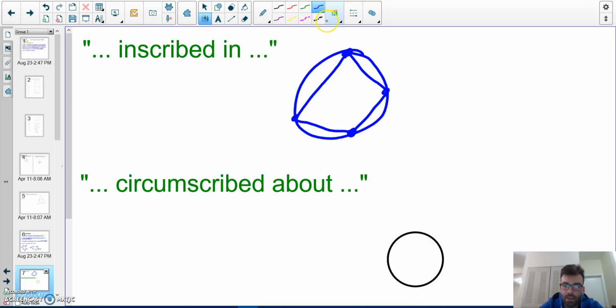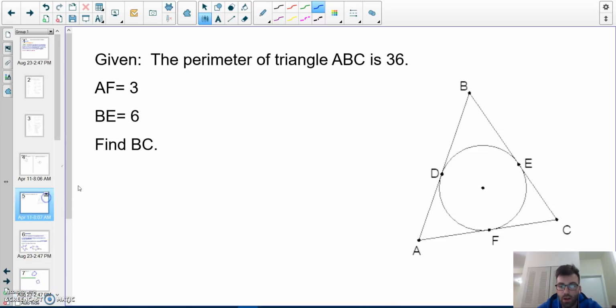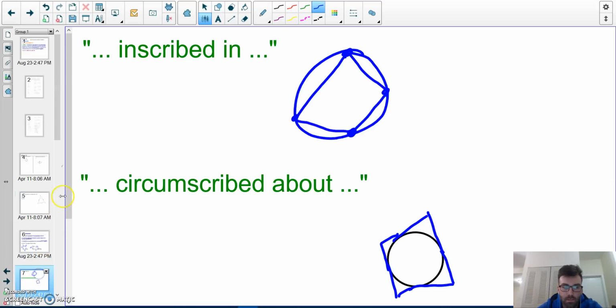In that case, my vertices are all outside of my circle. We've seen a shape like this in our warm-up. We saw a triangle that was circumscribed about the circle. The sides are all on the outside of it.